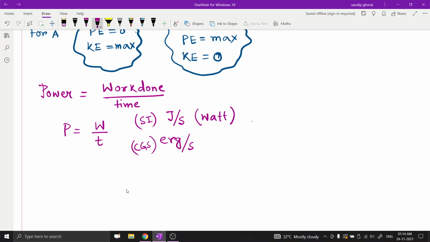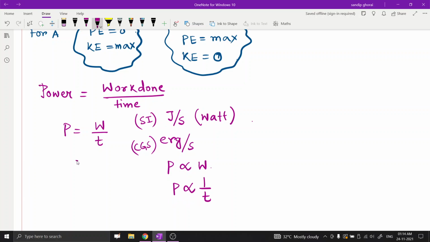If we know the work done and time, then we can find out the power value. So from this case we can say P is proportional to W and P is proportional to 1 by T, so power is inversely proportional to time.